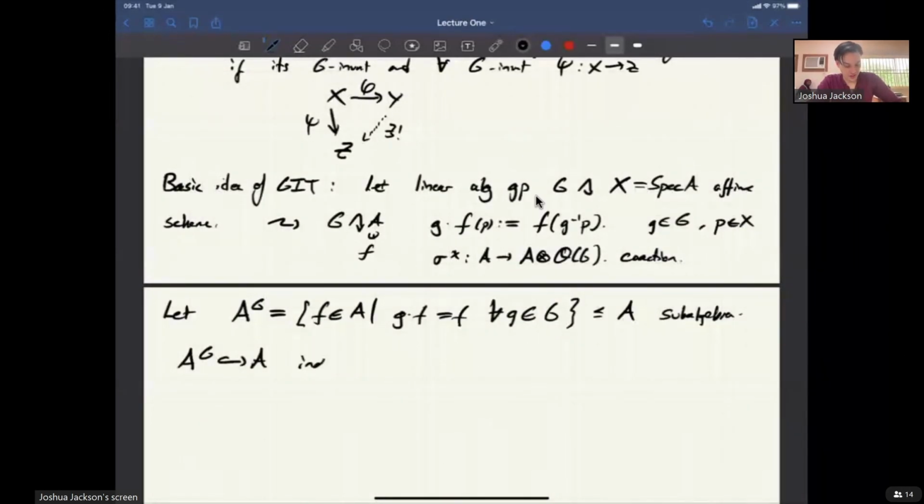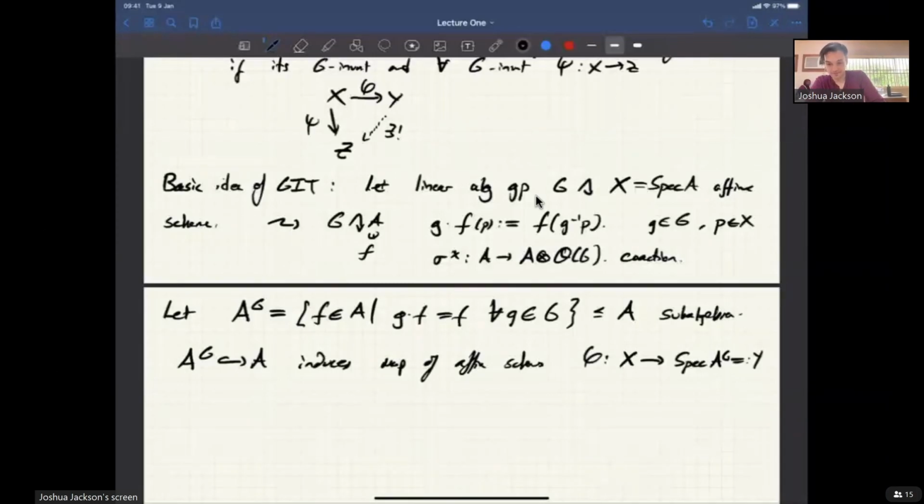So this induces a map of affine schemes, which I will call phi, which goes from X, which was spec A, remember, to spec of A^G, which for now I will call Y. If you've seen this before, then you know there's an equivalence of categories.